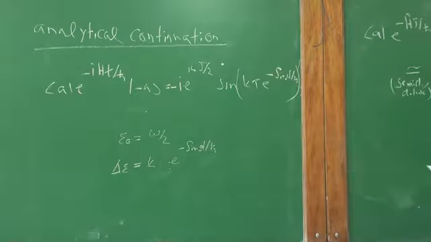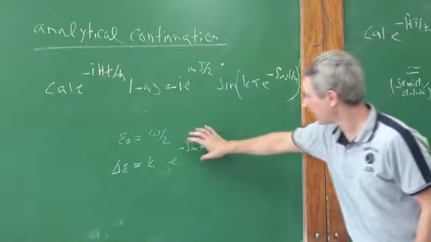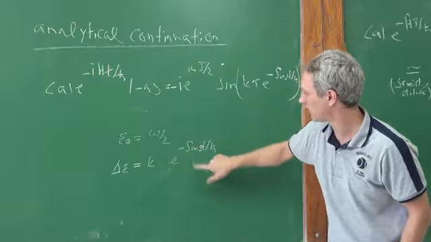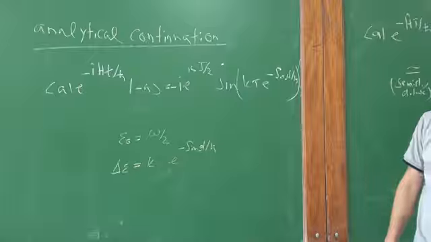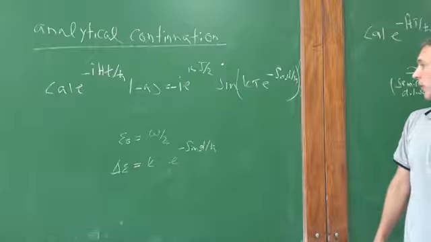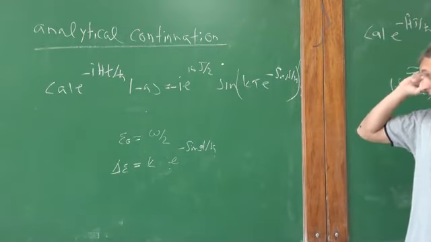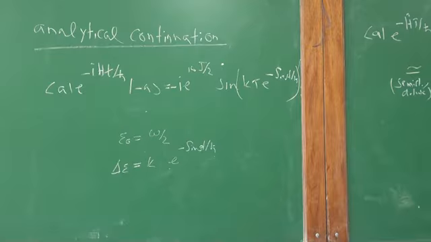So this tells us that the tunneling probability, or the time scale on which the tunneling occurs, is determined by the instanton action. Okay?